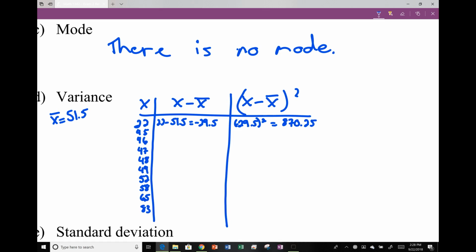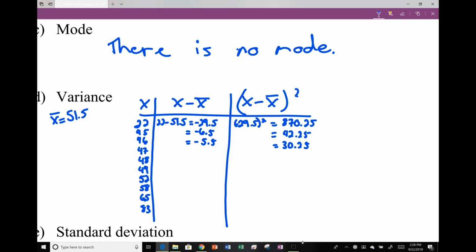So I'm going to continue this process. 45 minus 51.5 is going to be a negative 6.5. 6.5 squared will be 42.25. 46 minus 51.5 will be a negative 5.5. A negative 5.5 squared is going to give you 30.25.